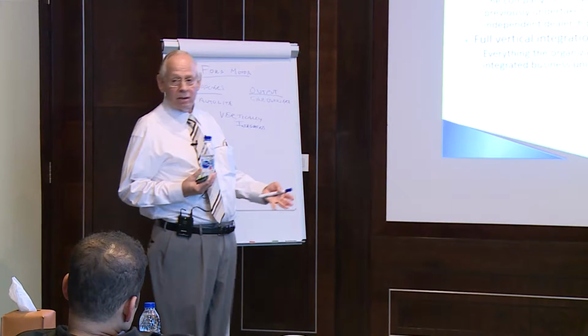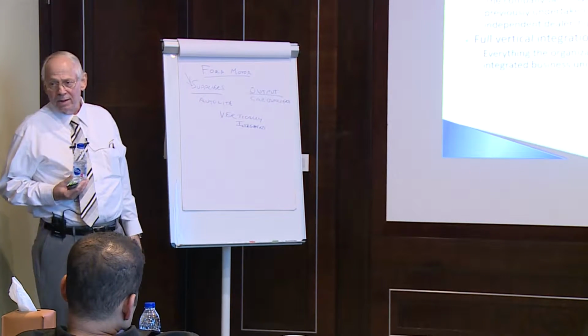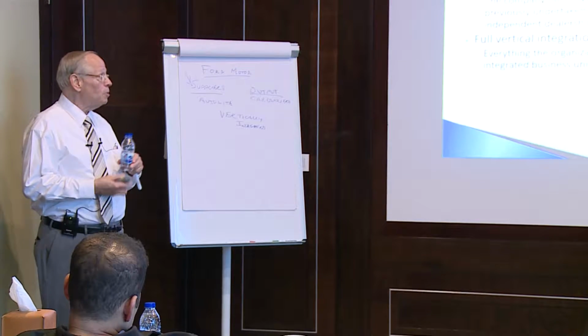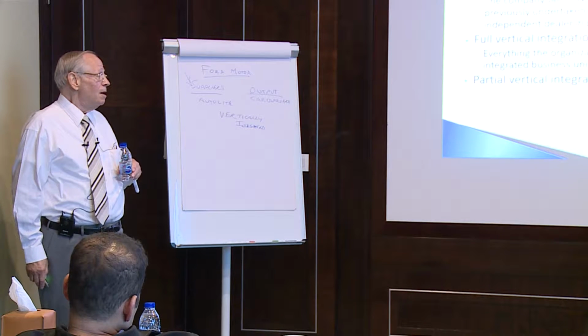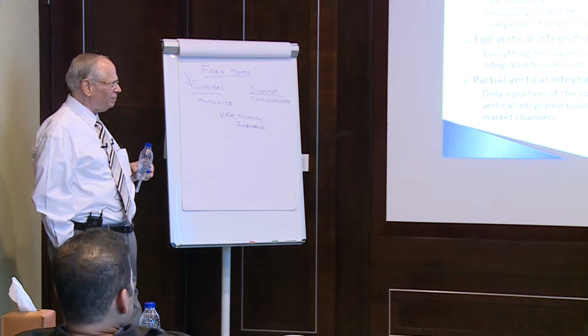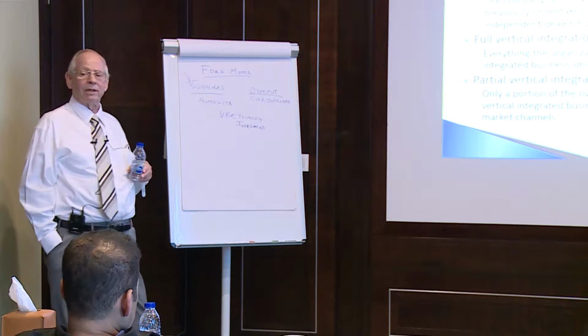They even own the steel companies they're buying steel from. I think they're going after tire companies. They're almost fully vertically integrated. Most companies, of course, are only partially vertically integrated, where only a portion of the overall production passes through the vertically integrated business unit and the rest through an external market channel. It's not easy to become fully vertically integrated.